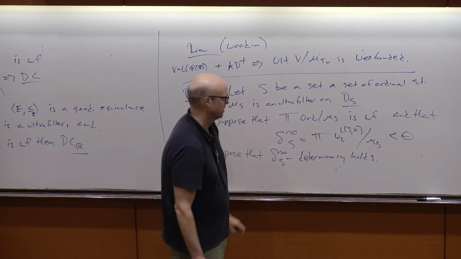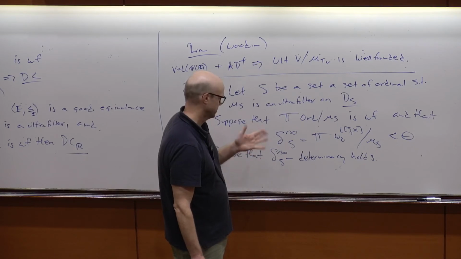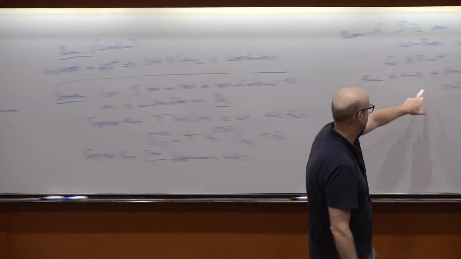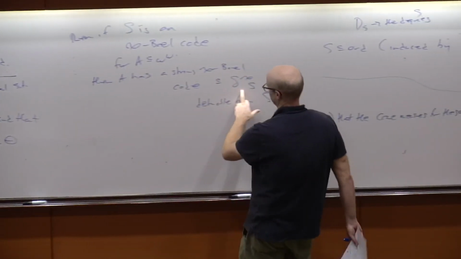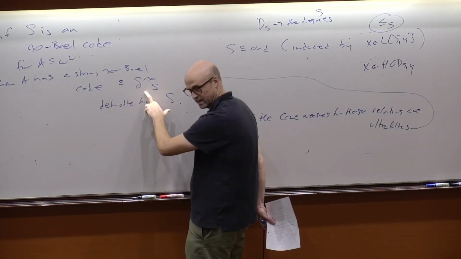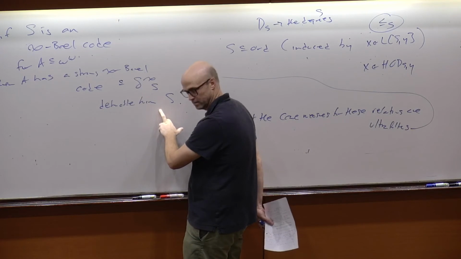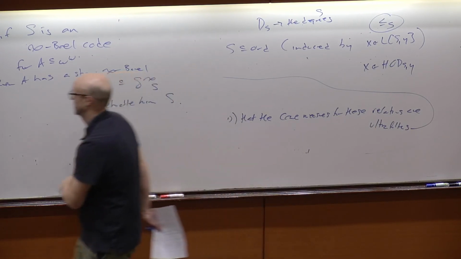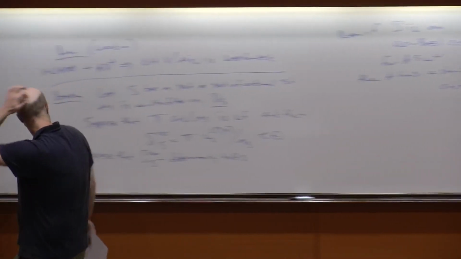What does the last line say? It says A has a strong infinity Borel code contained in delta infinity S, and the code is definable from the original code S.